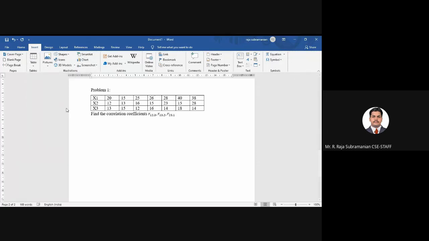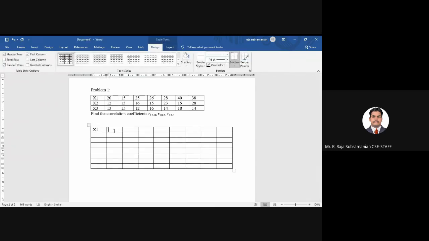This is x1, this is x2, this is x3, this is x1 squared, x2 squared, x3 squared, this is x1 into x2, this is x1 into x3, and this is x2 into x3. So this is what we have.